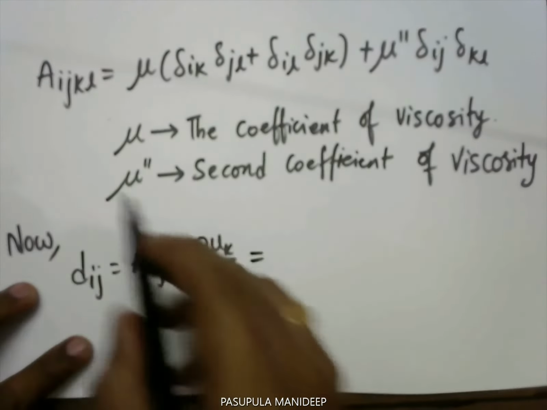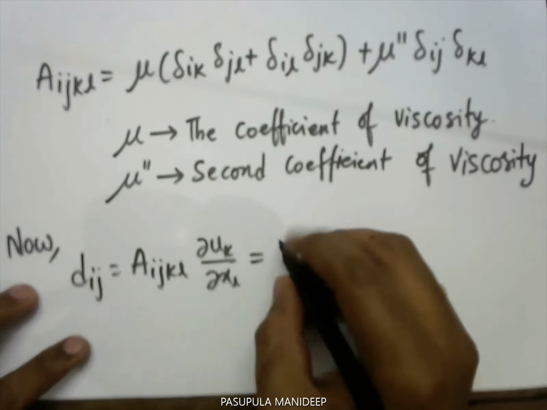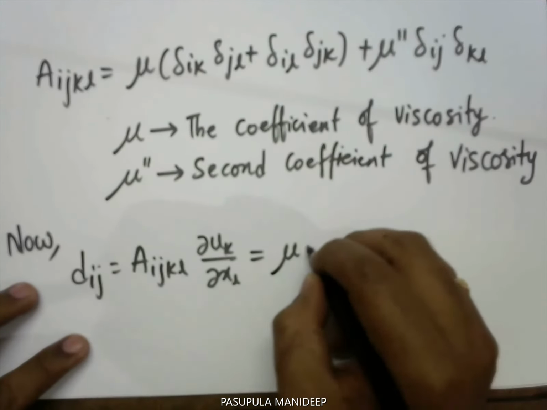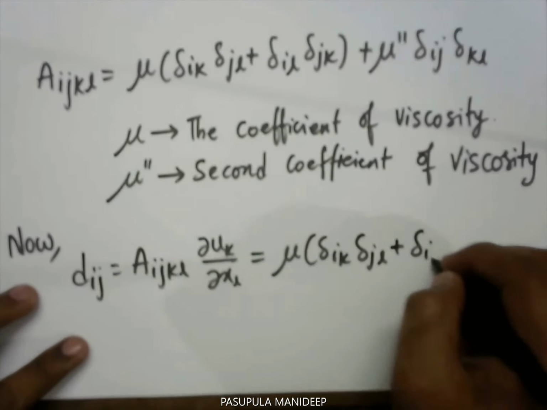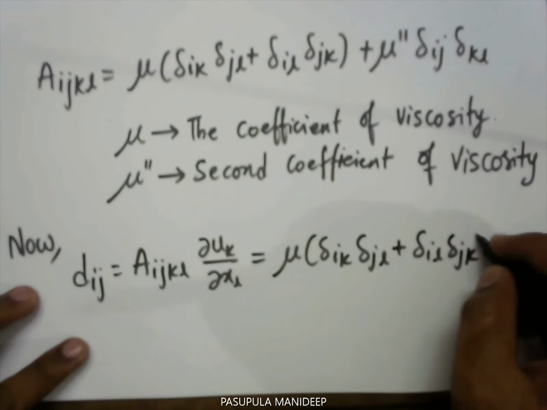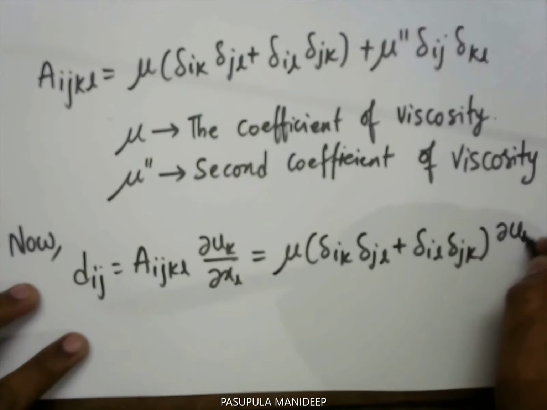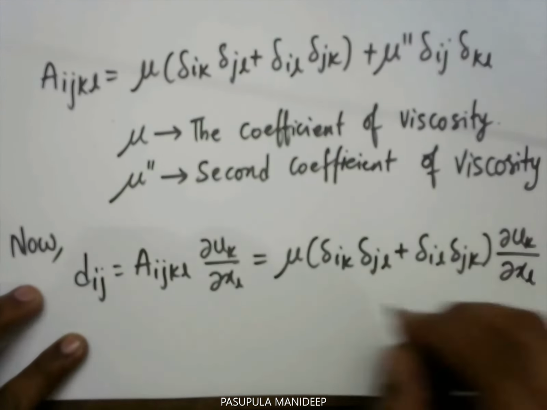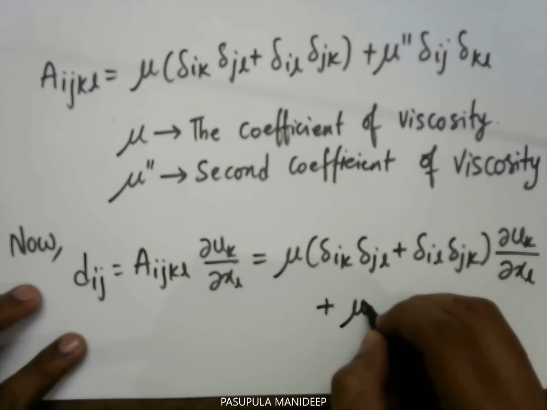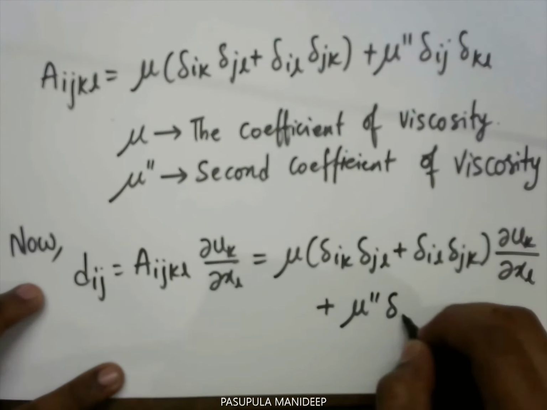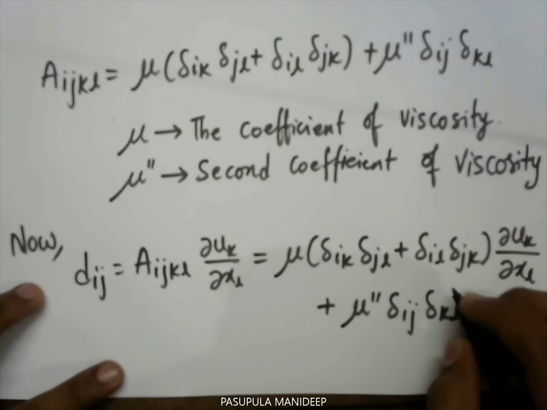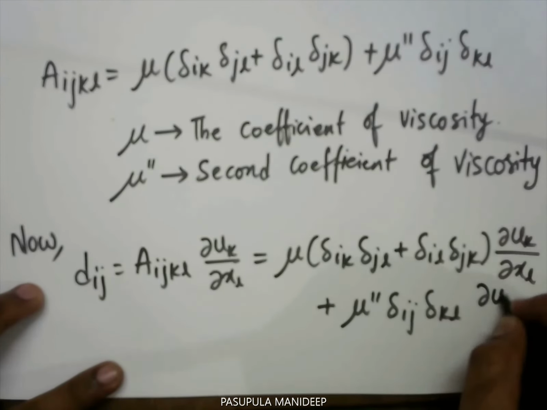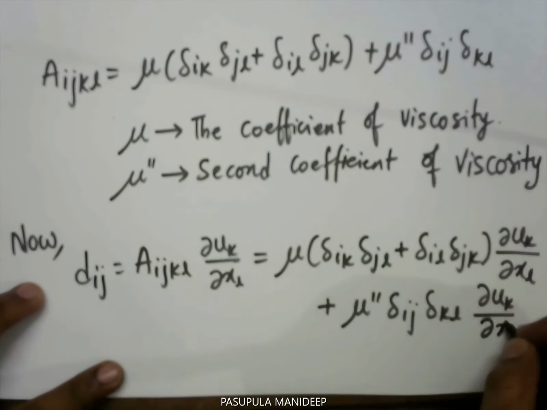So we can expand using this equation, which is also equal to mu into (del ik del jl plus del il del jk) into del uk by del xl, plus mu double prime del ij del kl into del uk by del xl.